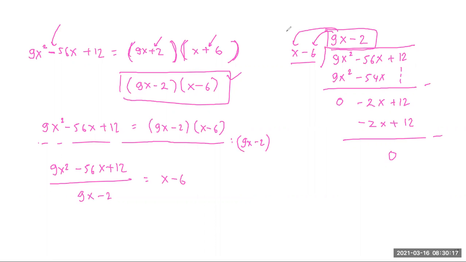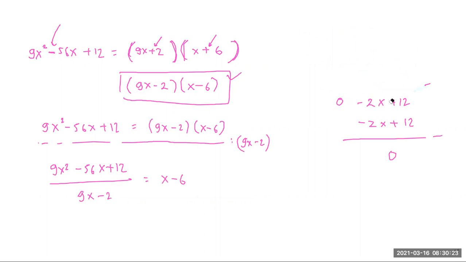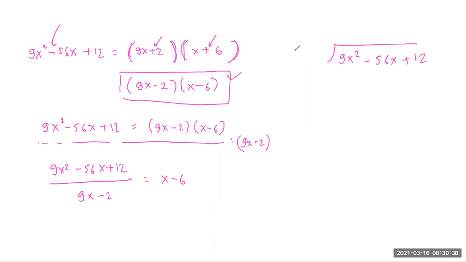So let's just erase this one. Erase, and wait for a while. So let's divide 9x squared minus 56x plus 12 by 9x minus 2.